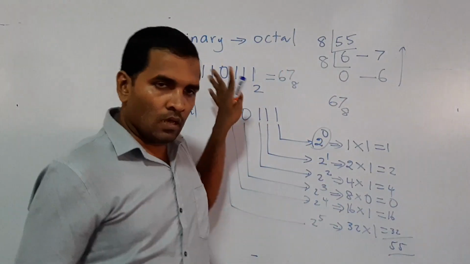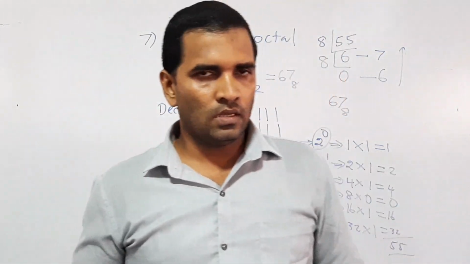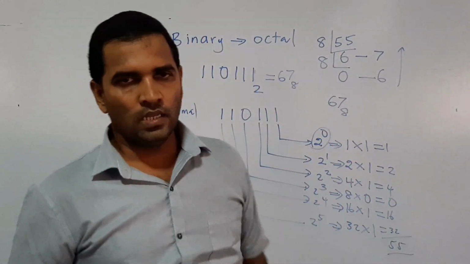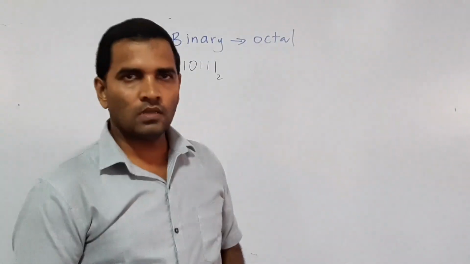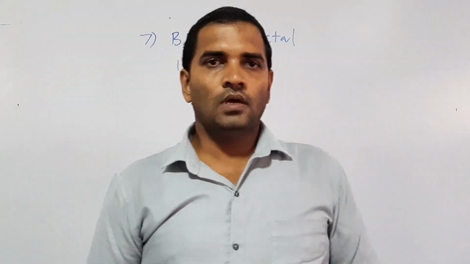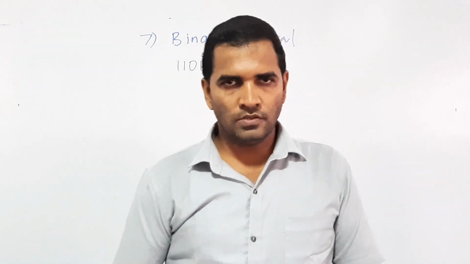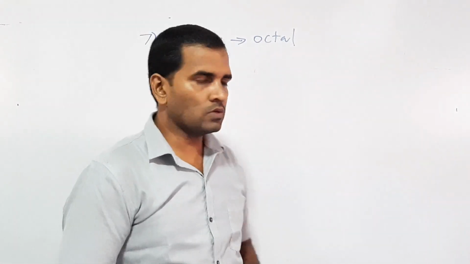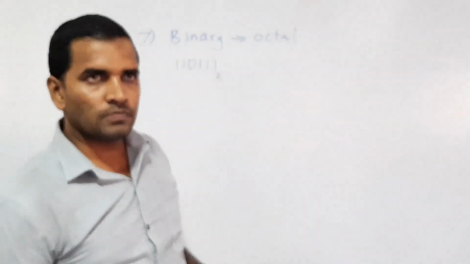So we will take another way to find an octal value for binary. So right, let's convert this same number into octal in a different method. That should be the method used in examination, or the method suggested even in your textbook. So here you have 6 binary digits.